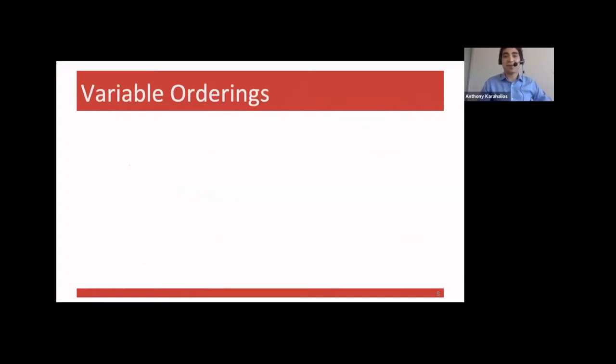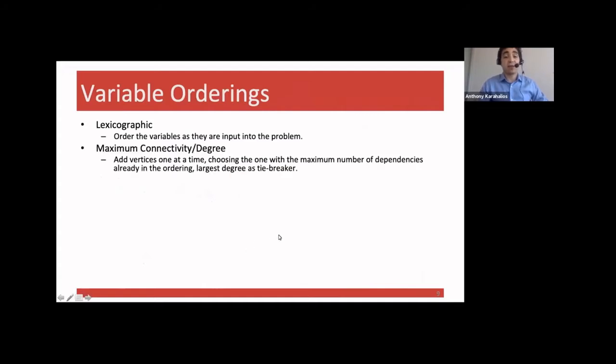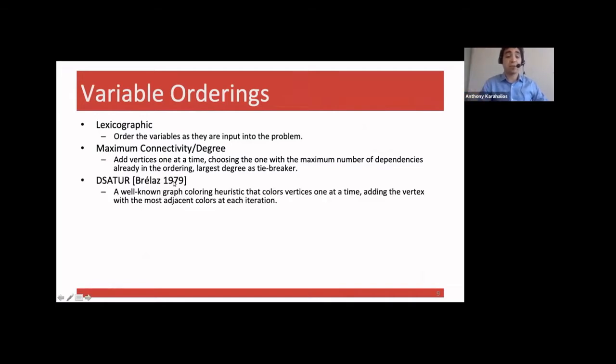Let's discuss variable orderings that we use in our experiments. We use a lexicographic ordering, which orders the vertices as they're input by the user. A maximum connectivity / degree ordering, where we order the vertices one at a time, at each iteration choosing the vertex that has the most vertices adjacent to it already in the ordering, using the maximum degree as a tiebreaker.